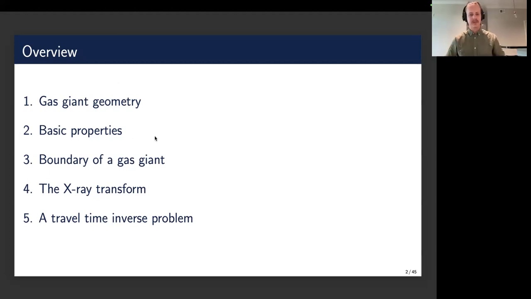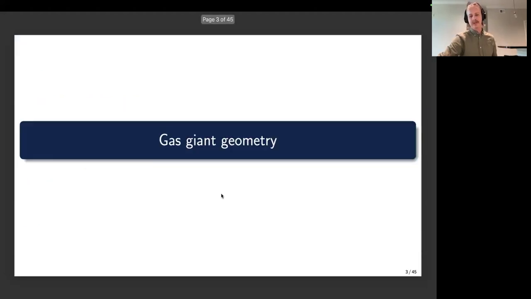So we will look at some basic properties and get a better intuition into what these things are. And then we will dive into deeper topics. We will take a closer look at boundaries of gas giants. We will look at a couple of inverse problems, the X-ray transform, and also these travel time inverse problems. All right, but we start from the beginning.